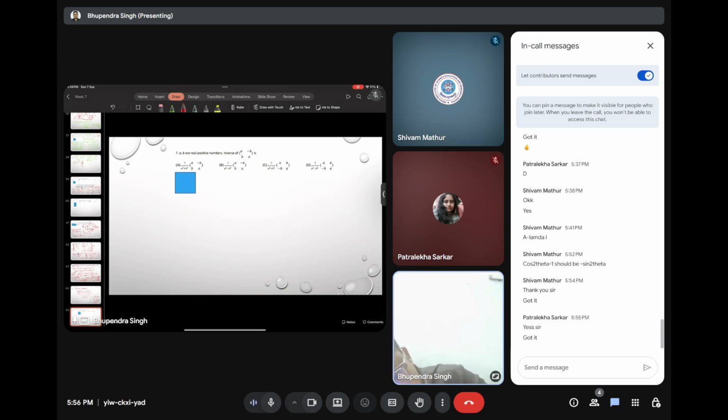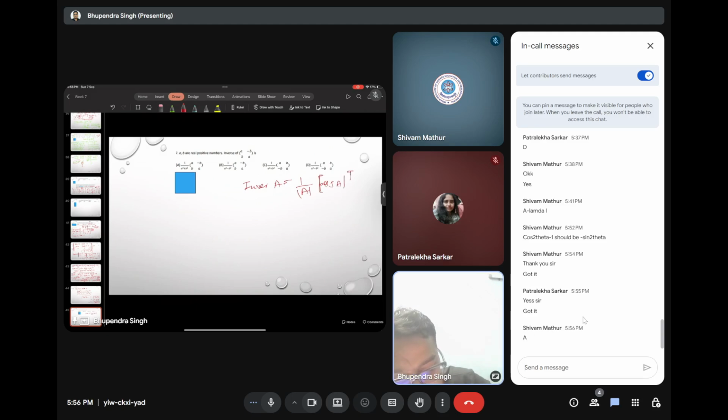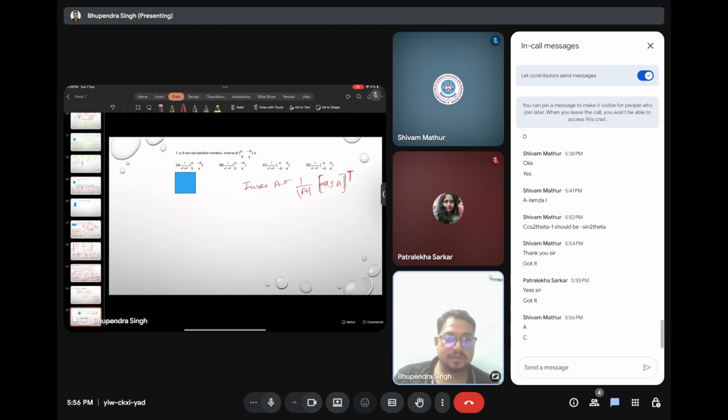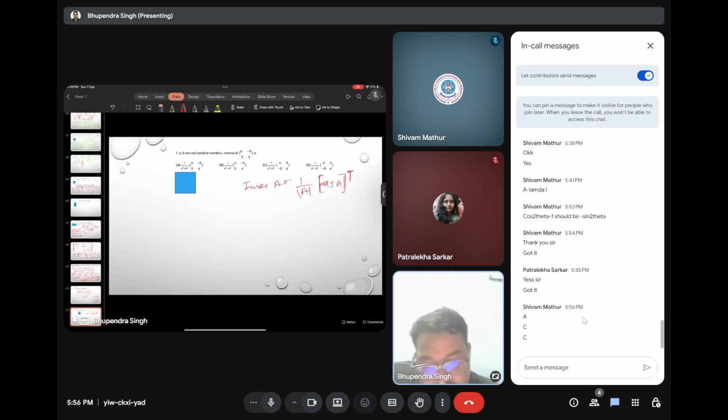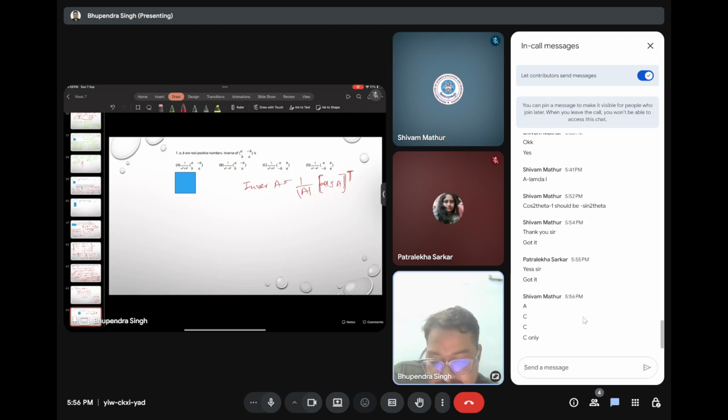Okay, let me help you how to find the inverse. Now figure it out. Okay, Shivam is saying A and C. Okay, two answers. Should be one answer. C only.